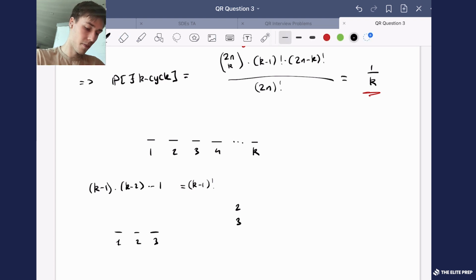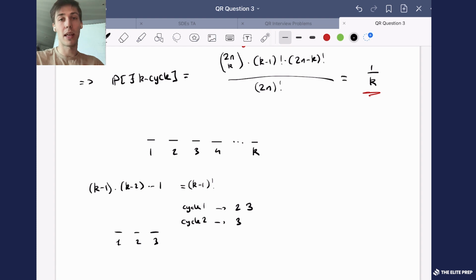So this is cycle 1, this is cycle 2. If we started with 2, we would have gone to index 2. At index 2, we cannot choose index 2 because that would mean that we just don't have a cycle. We cannot choose index 1 because the cycle would only be length 2. So that means we have to choose index 3.